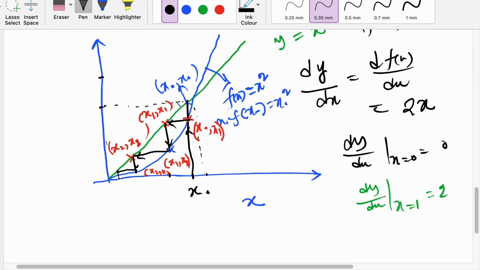It hits here. Now you see, Subhasachi, this is 0, this is 1. For f(x) equal to x square, if I take any point between 0 and 1, that point goes towards a fixed point, that is x equal to 0, because the identity line crosses my function f(x) at the origin and at x equal to 1.